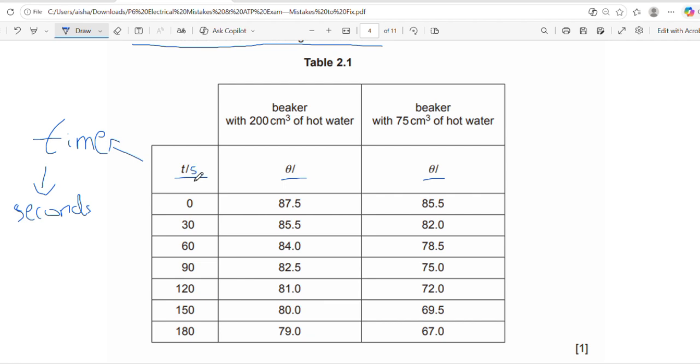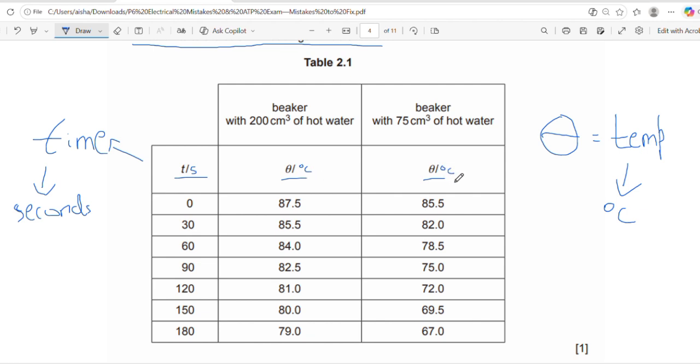And then you see this, right? When you see a symbol like this, it is for temperature. So temperature, the usual SI unit, is degree Celsius. So your unit over here will be degree Celsius.